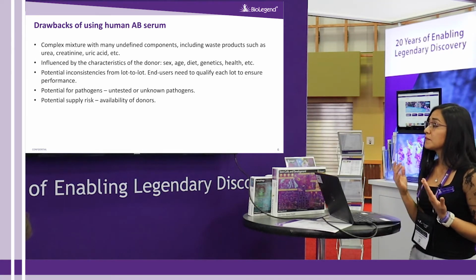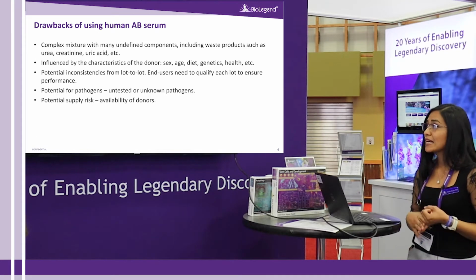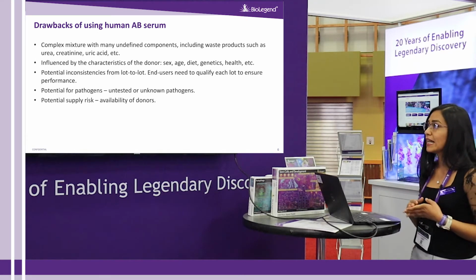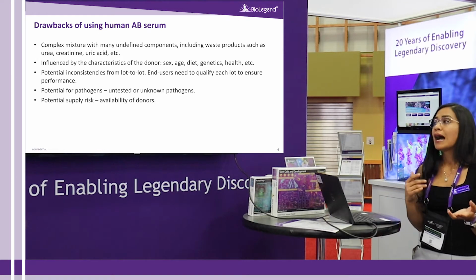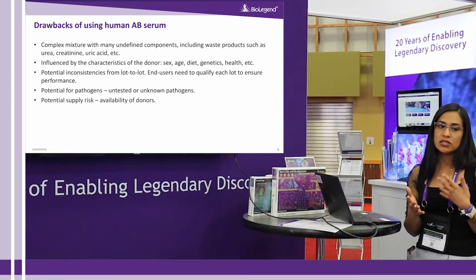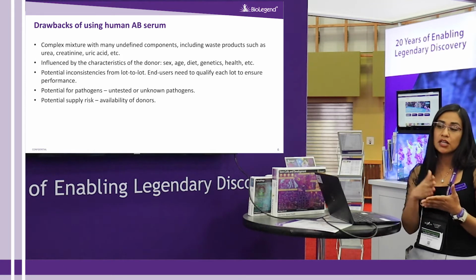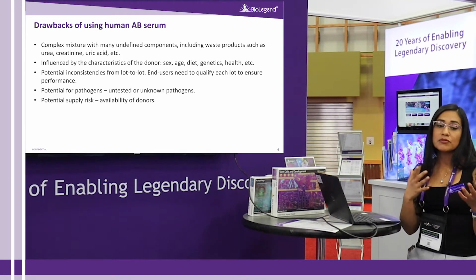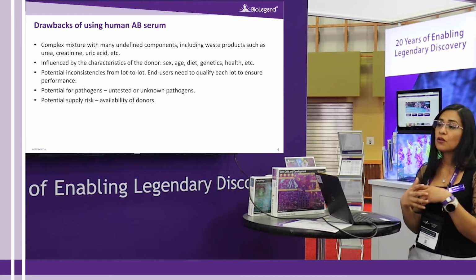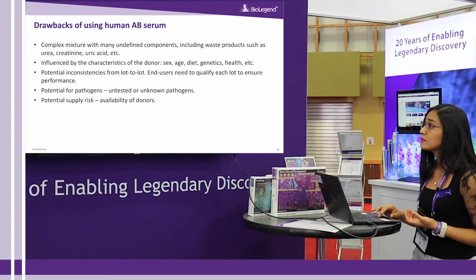So it could be variations due to the sex, genetics, diet, the health. And also this is going to have some variations or inconsistencies from lot to lot. So that means that you can have very variable results if you change the brand or if you use another lot of serum.